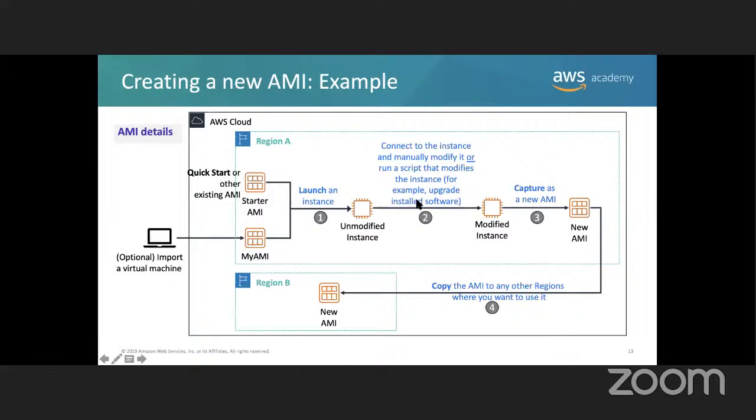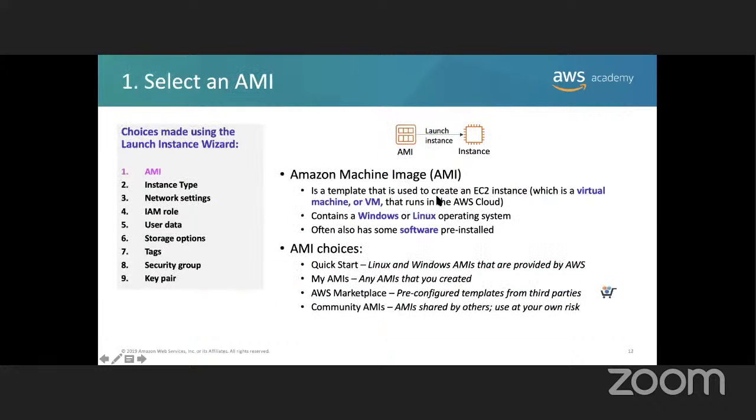Then the image becomes a modified image because you installed something on that machine. Now you can capture it as a new AMI. You can make a new AMI from the modified one, which is not the same as the unmodified one. It's a new image because it already has something installed.